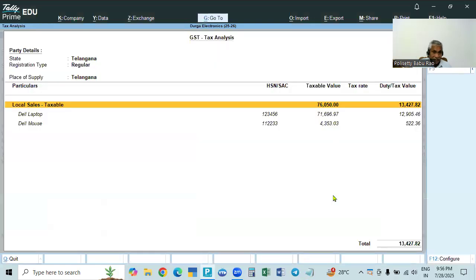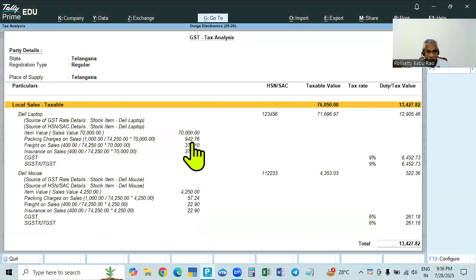Now, if you go to the tax analysis, Alt A and Alt F1. Here 70,000, these three expenses are calculated separately. The total amount is 70,000 plus 1,696.97, 9%, 6,452.93.